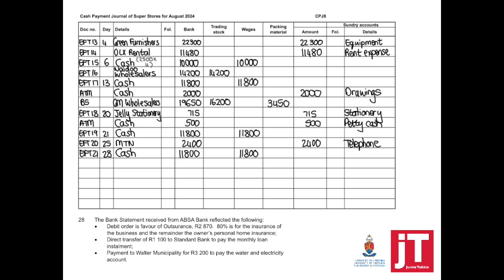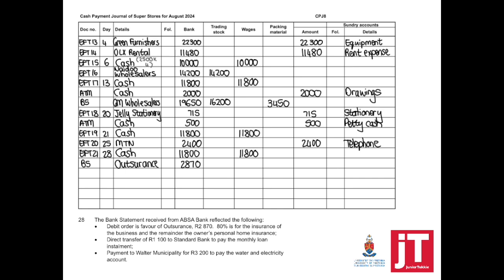So to start off with this, our source document is bank statement. Who did we pay? OUTsurance, and in total 2,870. But not all of it is a business expense. Only 80% is for the insurance of the business, and the difference, which is 20%, 100 minus 80, the remainder is for the owner's personal insurance, and that must always be shown as drawings.